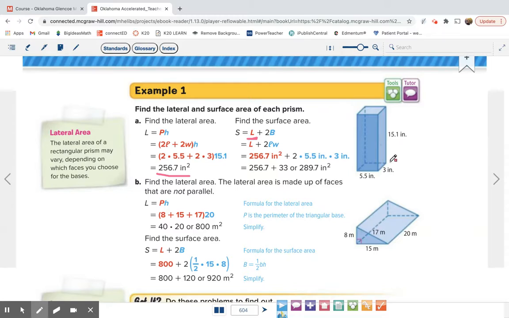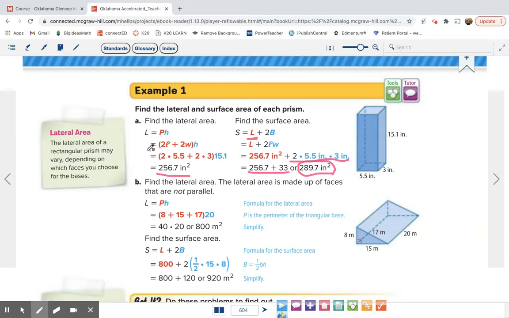This figure is a rectangular prism, so the area of a rectangle is length times width. So it becomes 2LW. The length is 5.5 and the width is 3. So we have 2 times 5.5 times 3, which is 33. So we have L plus 33, and we get that the total surface area, if we were to cover that with wrapping paper, is 289.7 square inches.